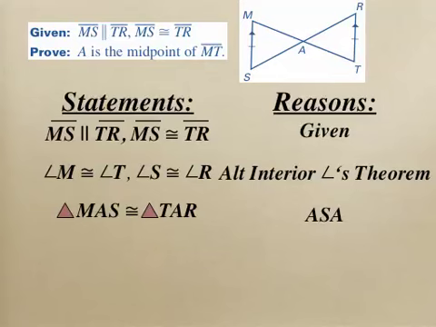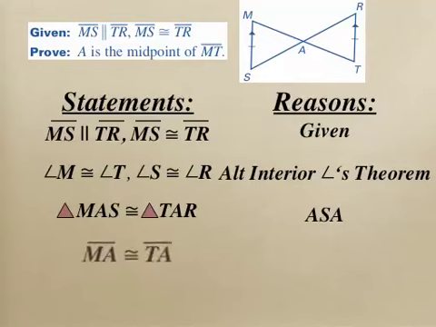Now, this is where it gets a little bit tricky. Notice that it asks us to prove that A is the midpoint of segment MT. If you look at the two segments MA and AT that are on the whole segment MT, those would be my corresponding parts of the congruent triangles.